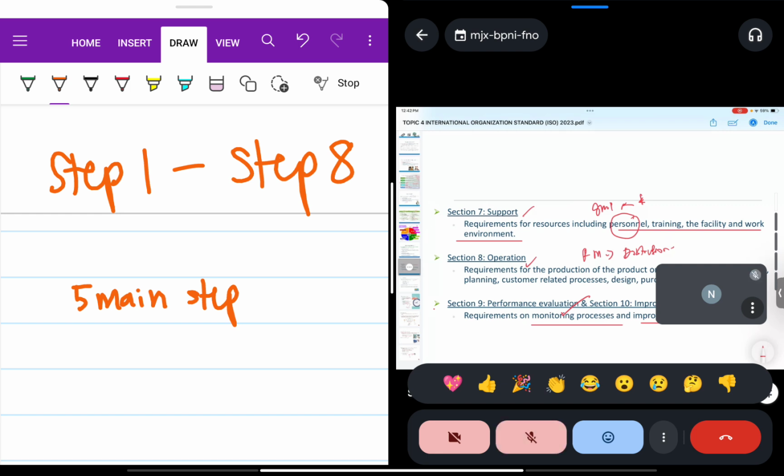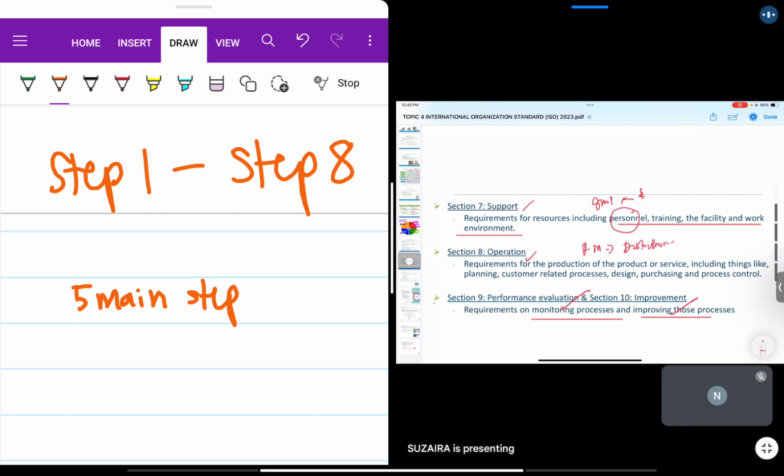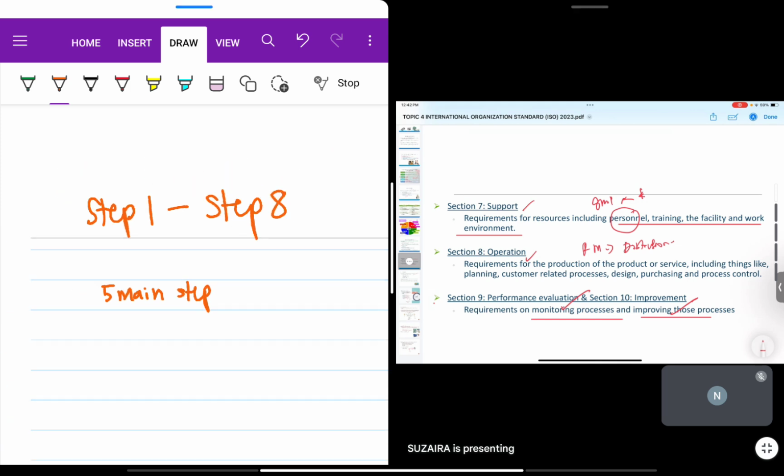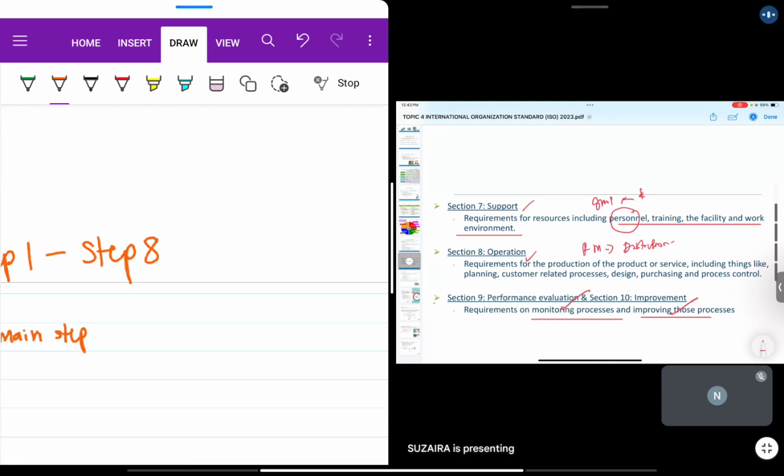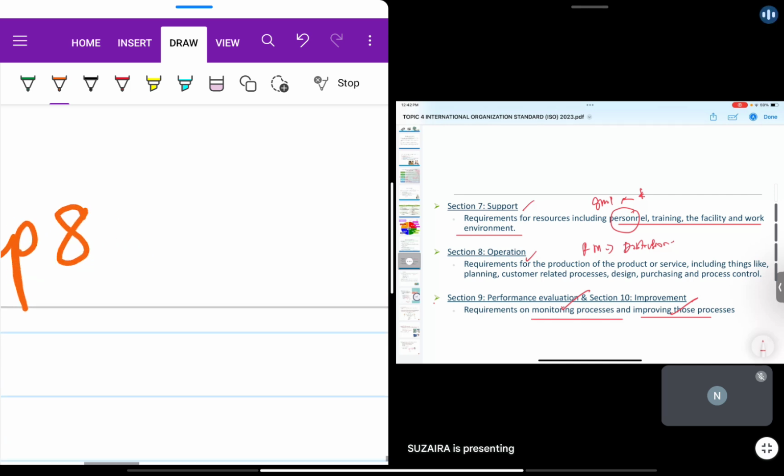You have to look at the question. Usually if, let's say, the main step is the 5 steps, you need to look at the keywords sometimes, like, for example, point out the main step for ISO registrations.